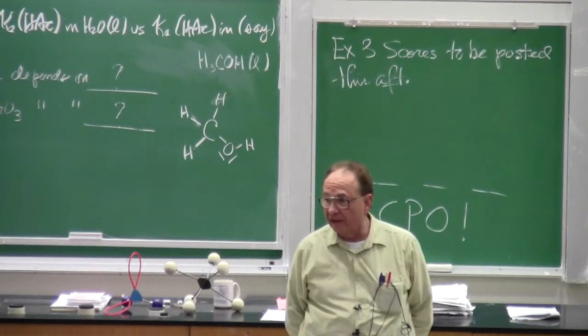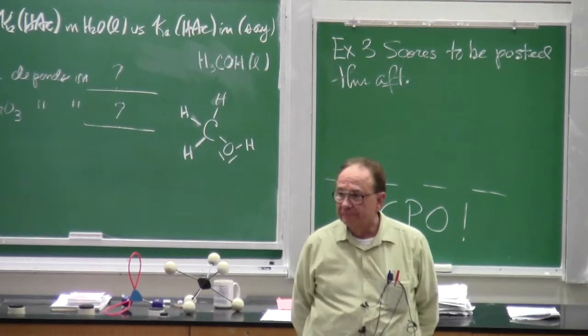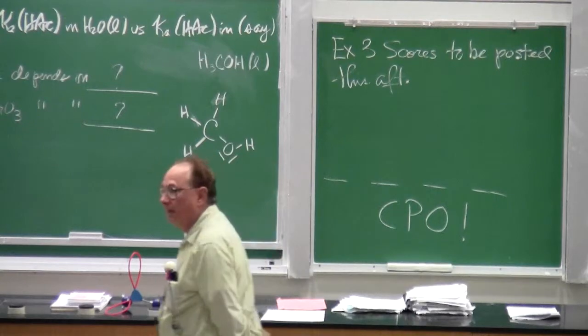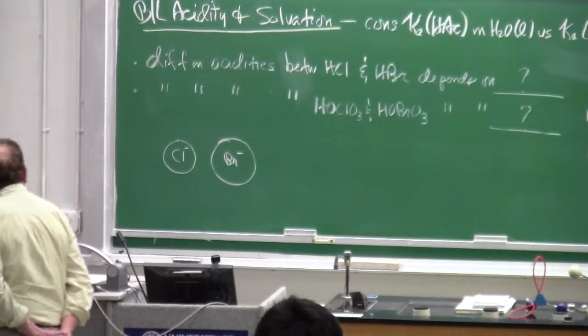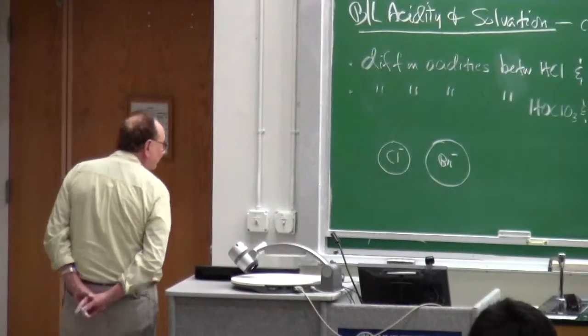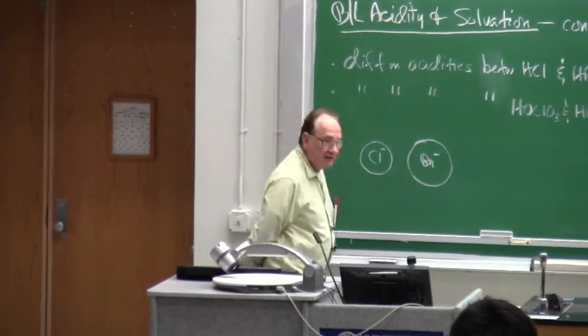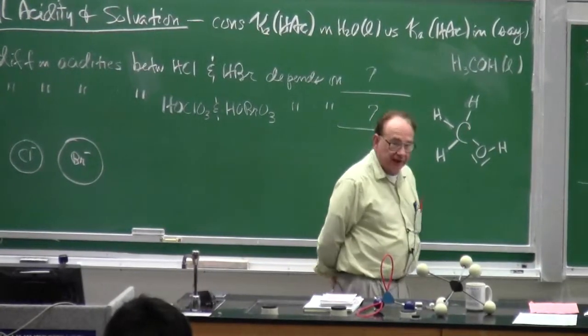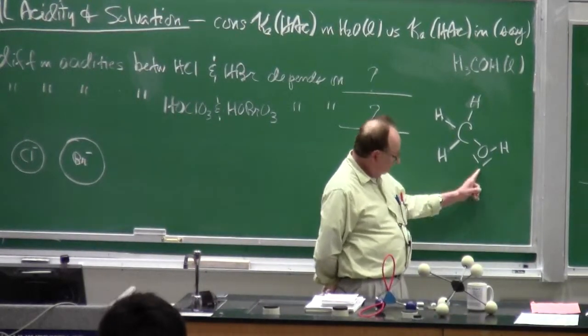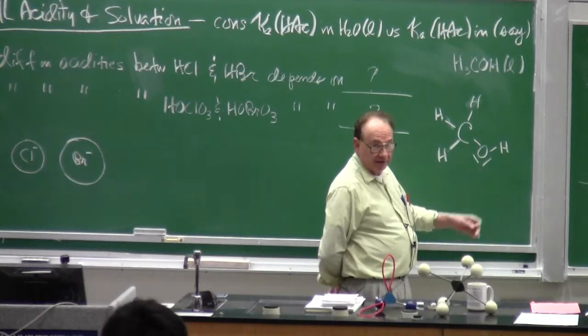We again get acetate ion. But now you can't make hydronium ions. You don't have any water molecules to protonate. Instead, you protonate the methanol molecule, which we considered early on in chapter 18. If I protonate this molecule, where goes the H+? Here. No place else to go.